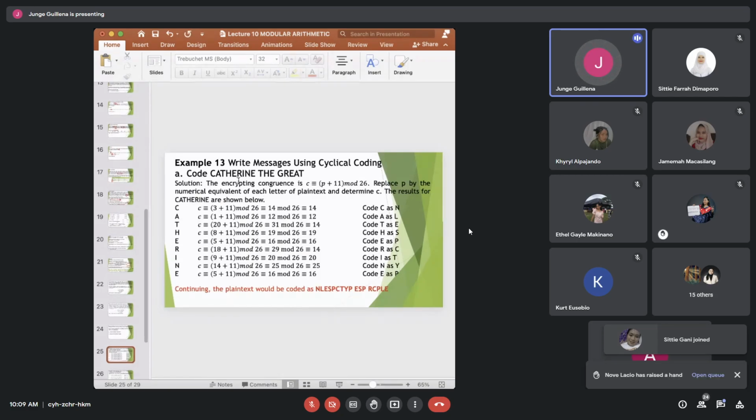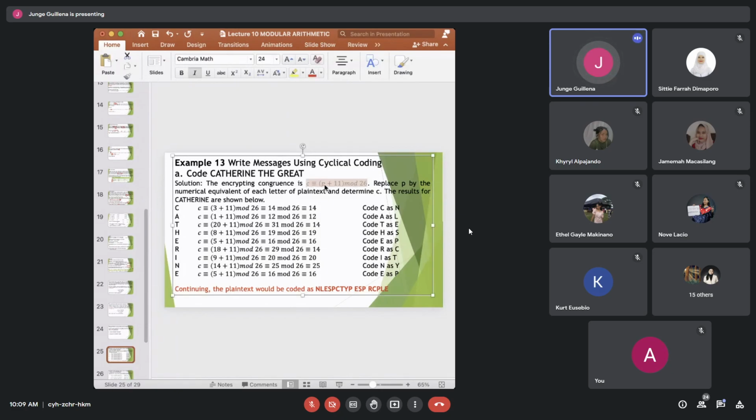So for letter A, code, that means you have to convert this plain text to ciphertext. So the encrypting congruence, you will be using this formula: C is congruent to P plus 11, given M earlier, modulo 26. Replace P by the numerical equivalent of each letter of the plain text and determine C. This P depends on the letter.